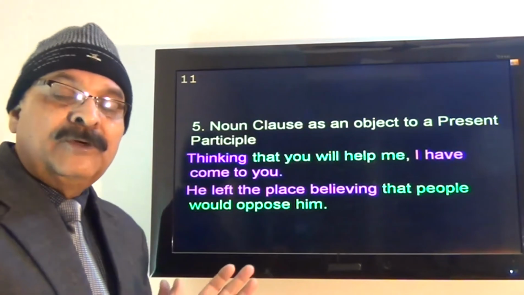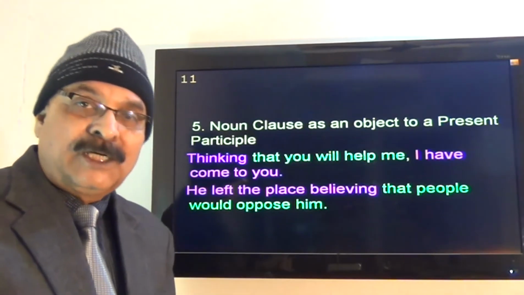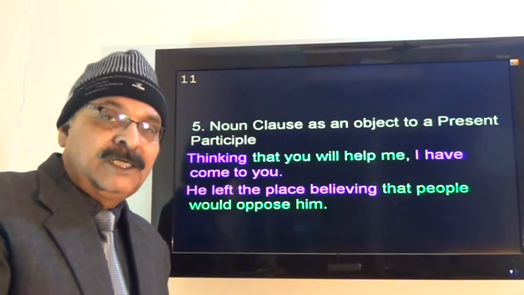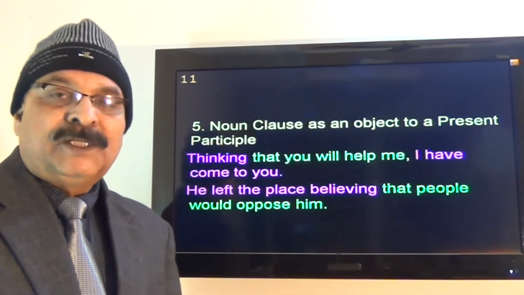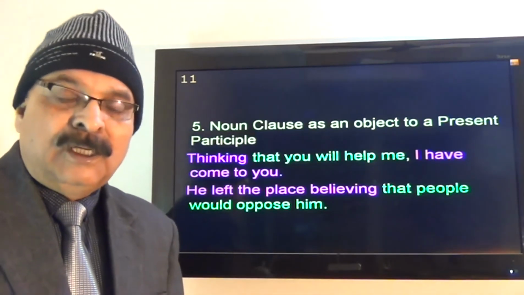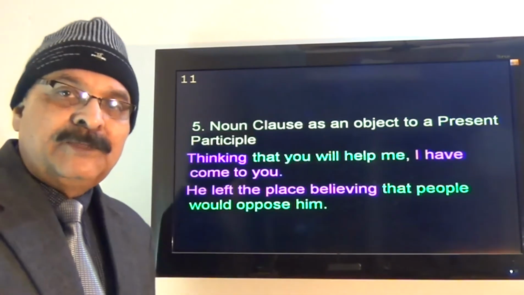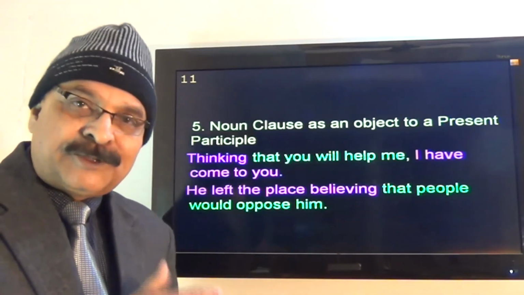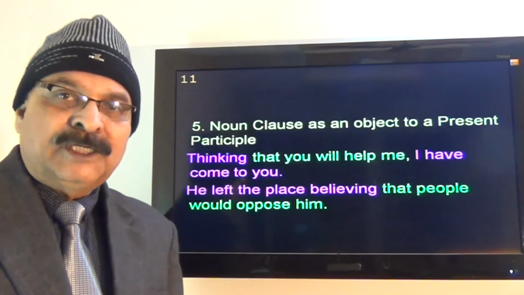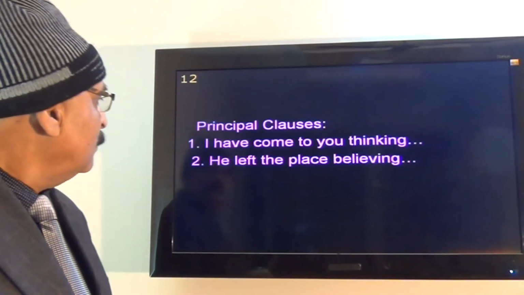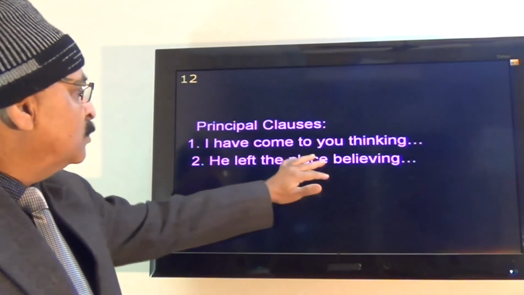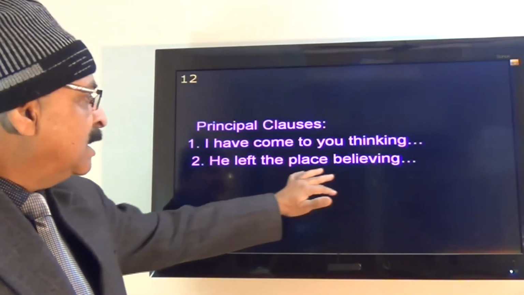If a main verb, a principal clause, comes in front of the subordinate noun clause, then that becomes the object of that verb. If the noun clause comes in the beginning at the place of subject, then it becomes the subject of the verb in the main clause. Principal clause: I have come to you thinking, he left the place believing.